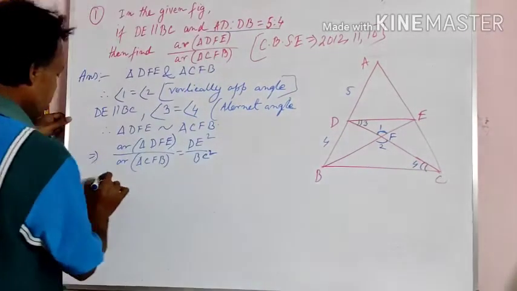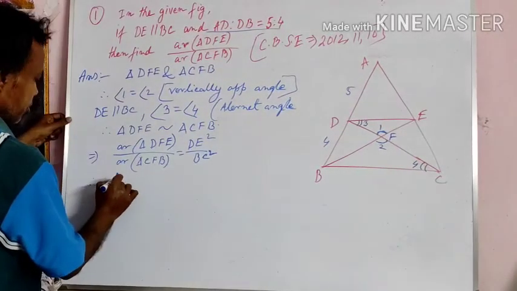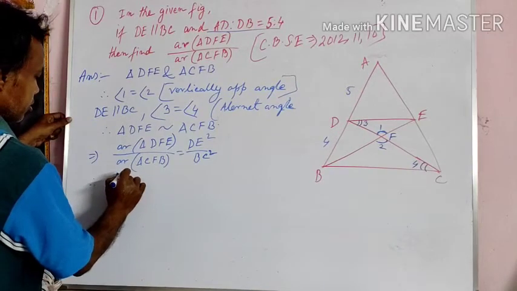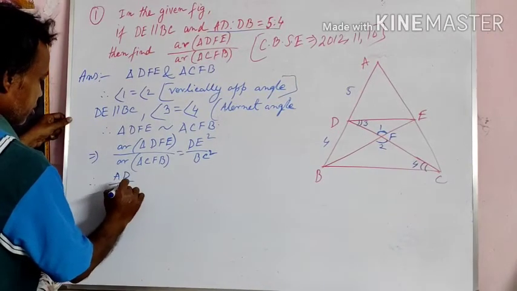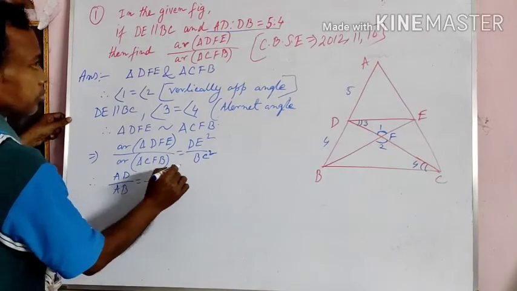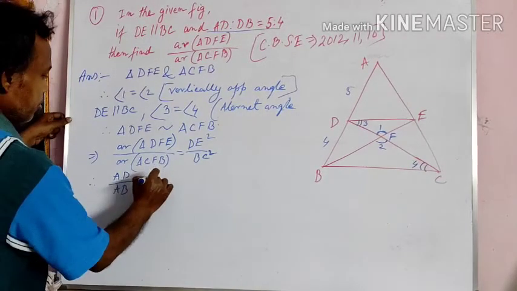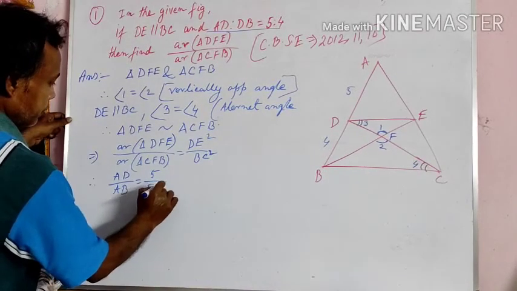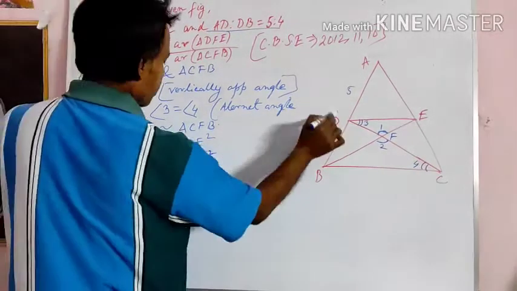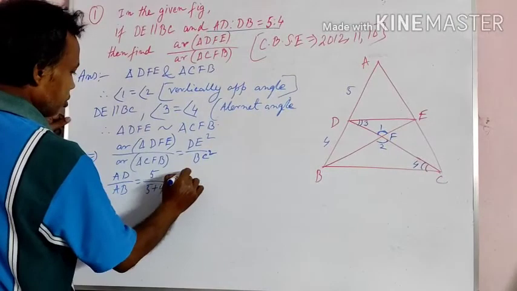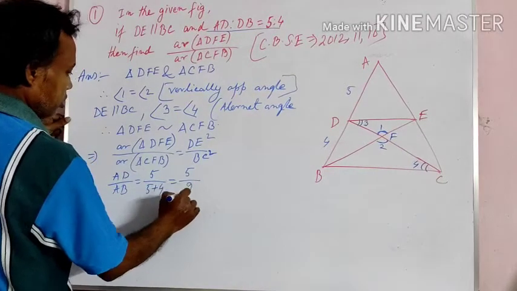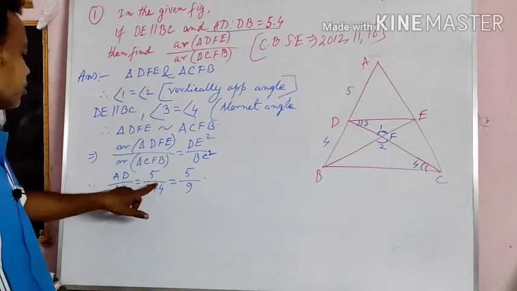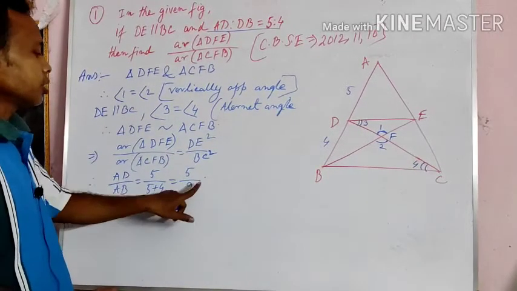Therefore, we can write AD by AB is equal to 5 by 5 plus 4, that is 5 by 9.